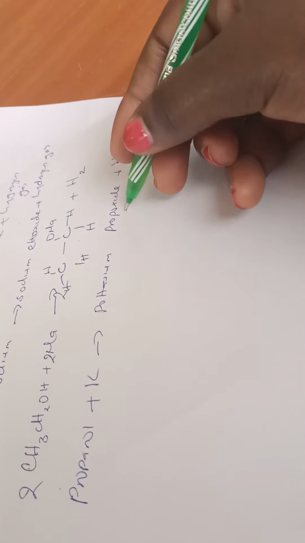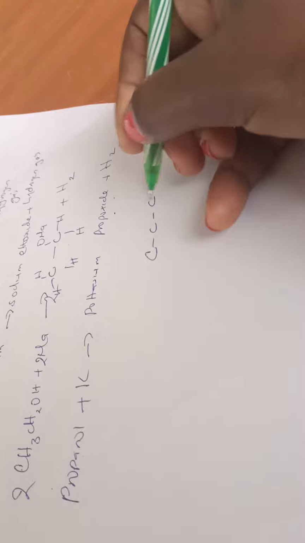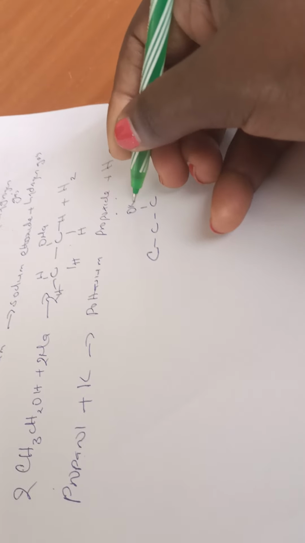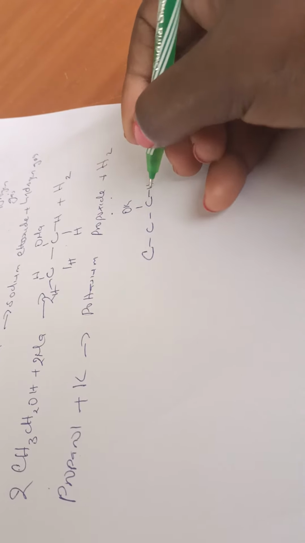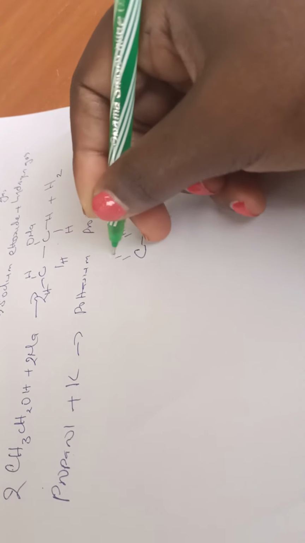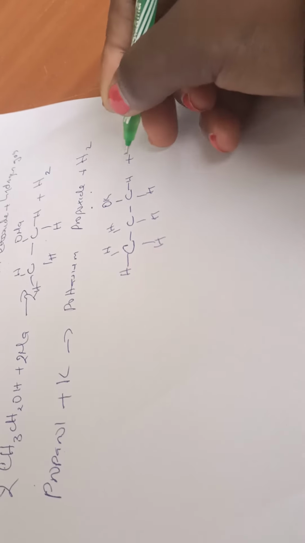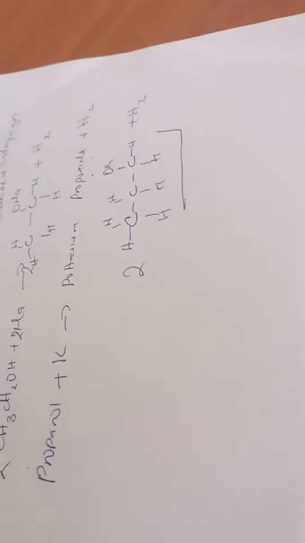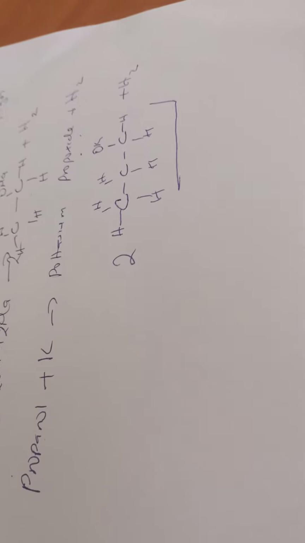Propoxide is like ethoxide but with 3 carbons. So we have the 3 carbons, but now the H is replaced by potassium there, plus hydrogen gas, the two of them. This is now the potassium propoxide.